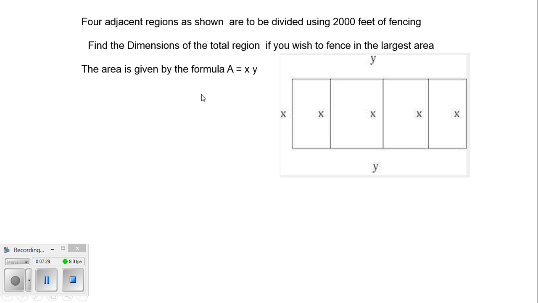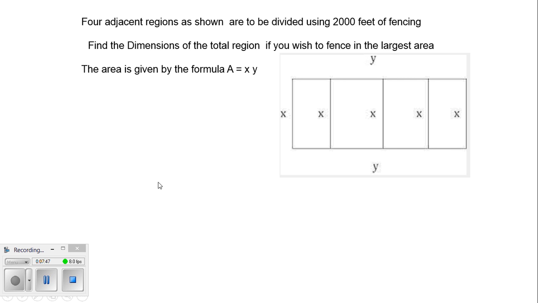We need an area function, so we need to get the one variable Y in terms of X, and here we use the information provided in the problem. The 2,000 feet of fencing is equivalent to the perimeter.